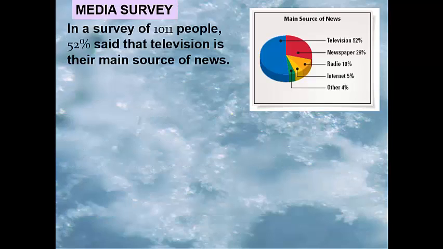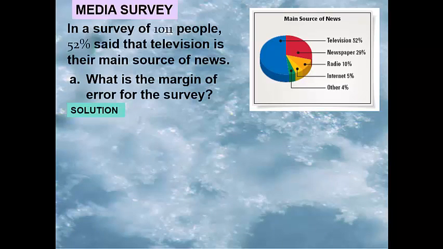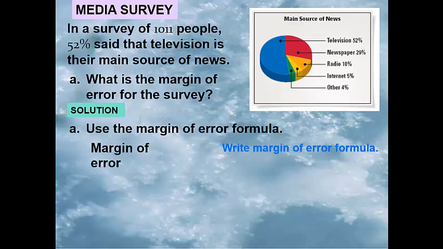Let's do an example. Media survey. In a survey of 1,011 people, 52% said that TV is their main source of news. For part A, what is the margin of error for the survey, using the margin of error formula? Solution: use the margin of error formula, plus or minus 1 over square root of n.